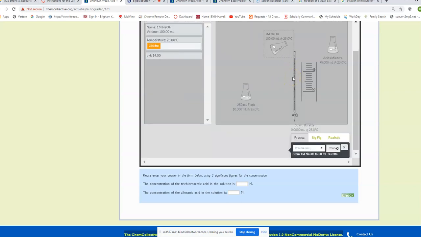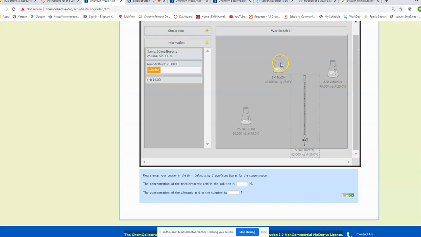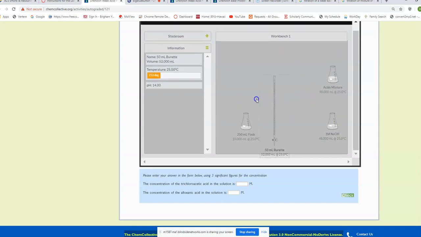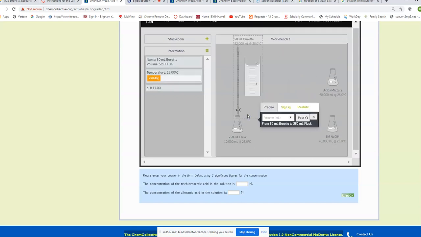So I'm going to start with a 1 molar. If I add 0.1 to start off with, so that we can look at the pH, the pH is 11.63.